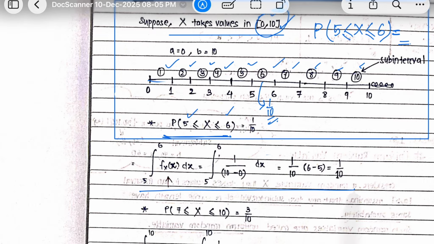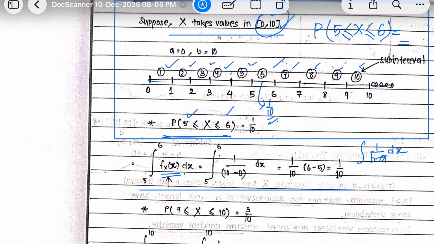For that you integrate the value of f of x, that is, the integration of 1 by b minus a dx over that interval, which is 5 to 6. So you must integrate that value to get the answer.